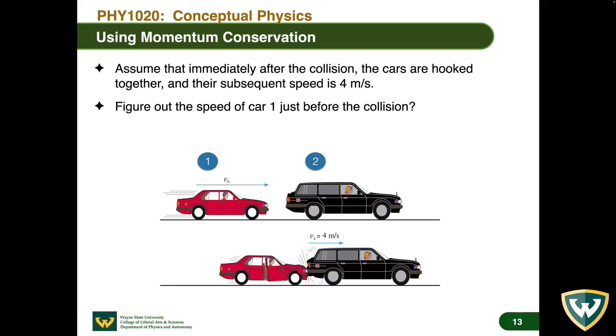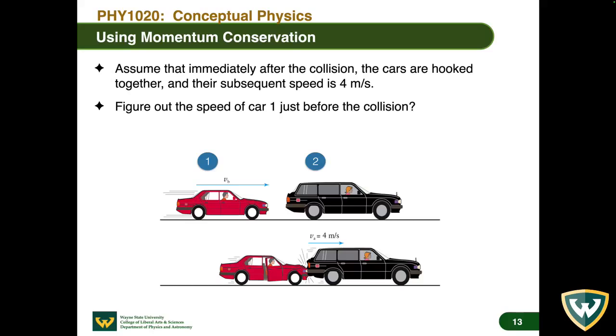Now let's be clear. If you have experienced a collision, you know that right after the collision, motion will persist. You smash into a car, and your car stops, but the two cars will actually keep moving a little bit, right? And here we're assuming that they keep moving at 4 meters per second.